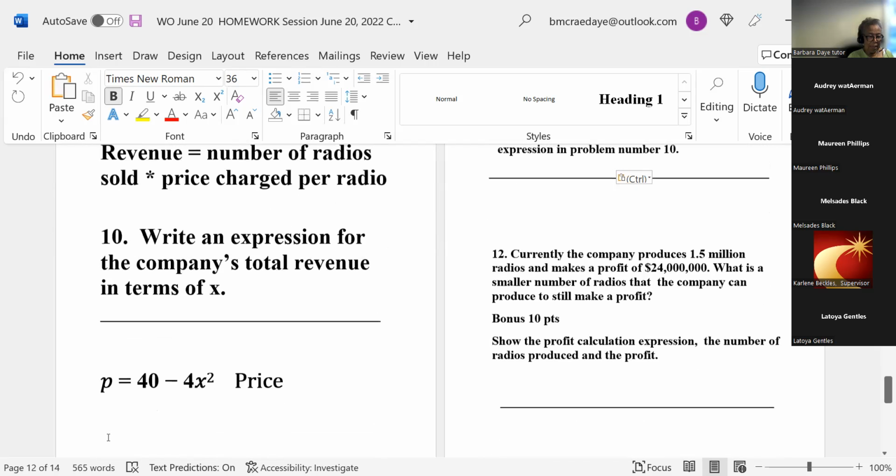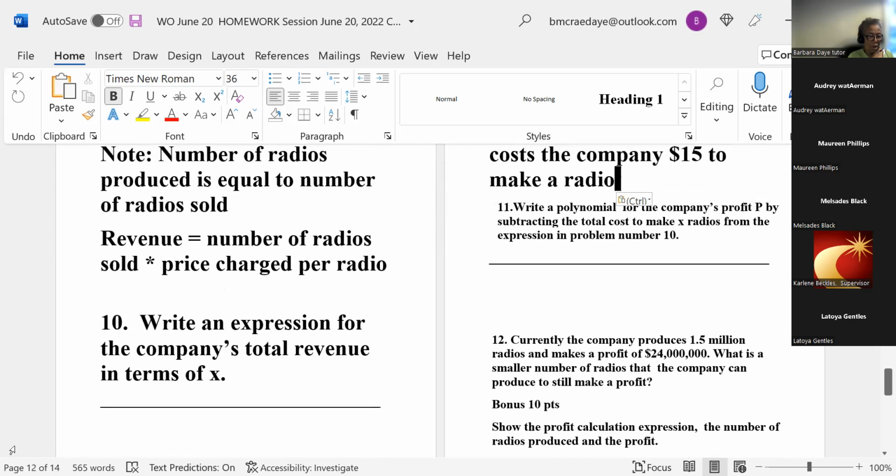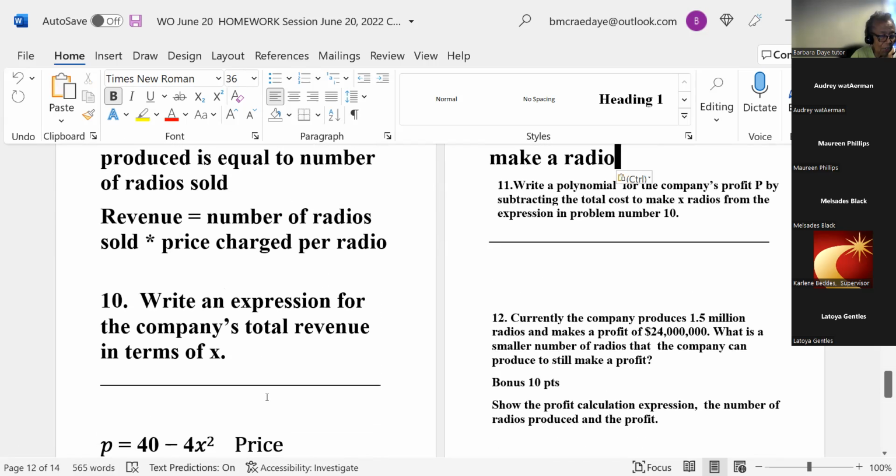Okay. Now I gave you the revenue, right? Number of radios sold times price charged per radio. So you were to write first the expression for the total revenue. So what would that look like?